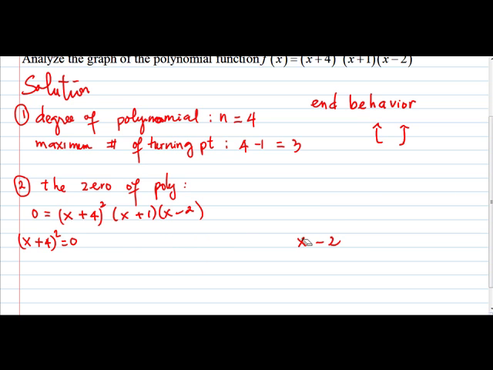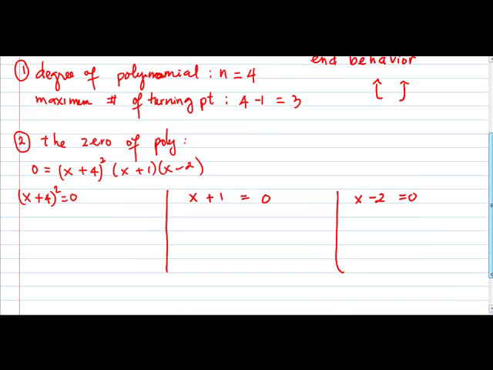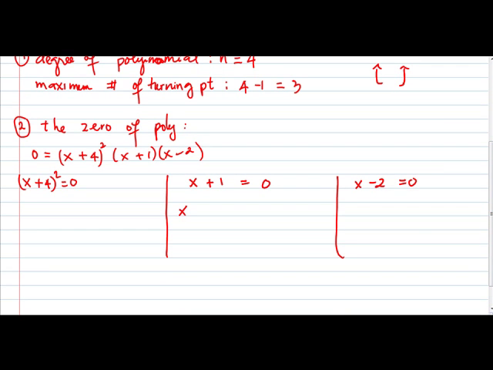So let me put it like this. x plus 1 equal to 0. Then here I have x minus 2 equal to 0. Here you solve for x equal to minus 1. So that is your x-intercept, or the zero of the polynomial. Right here I have 2.